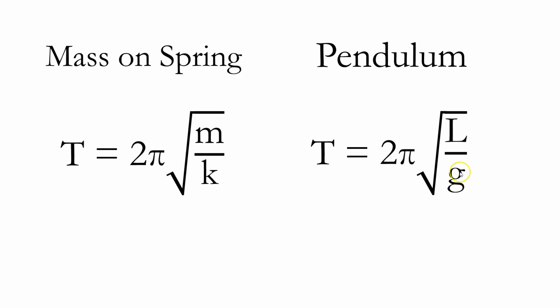Why do you think that the strength of the gravity makes the period shorter? If we have more gravity, it makes the period shorter. Why does mass appear over here, but not over here? Why does amplitude appear in neither one of these? These are all good questions, things you could answer. So your questions today will be a couple of those, and you could comment on them. So thanks so much.